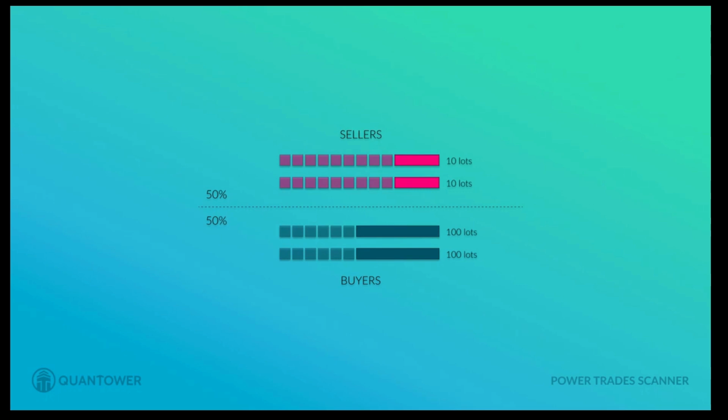And as we know from the first statement, the probability to move up or down is 50-50. And obviously the price easily breaks the sellers and will move up because their total volume is much less than the buyers' volume. So to summarize, we need to remember that the probability to move up or down is 50-50, and price always moves towards the least resistance.